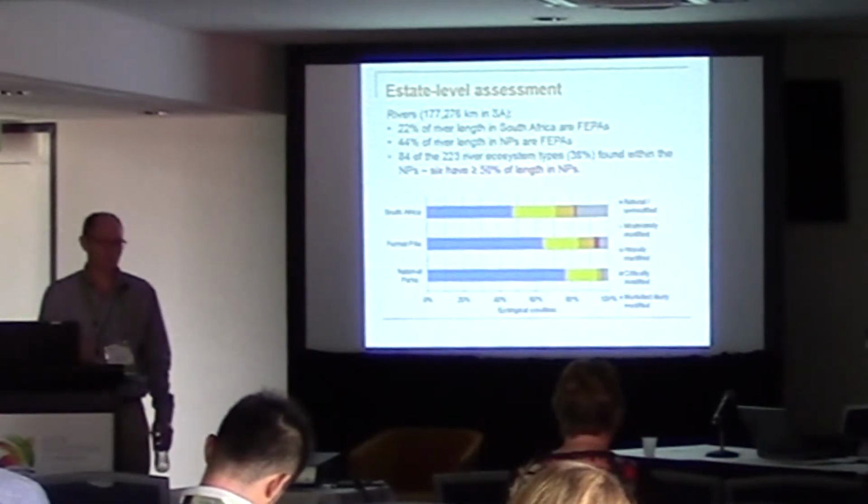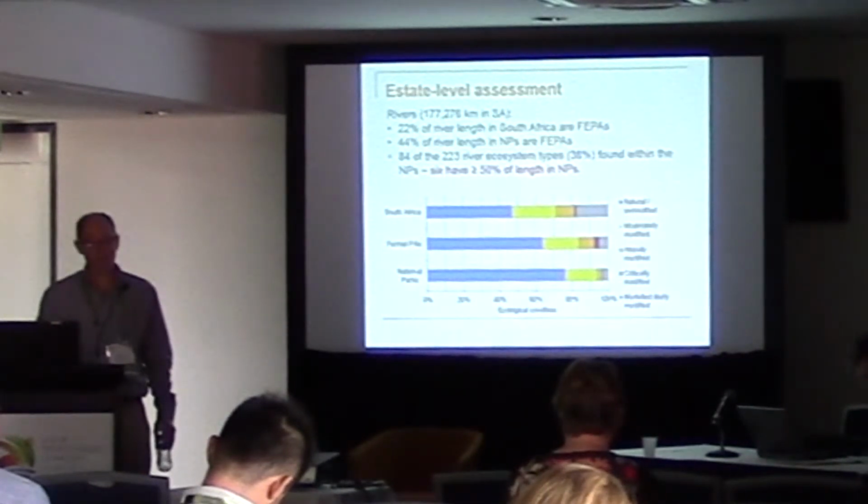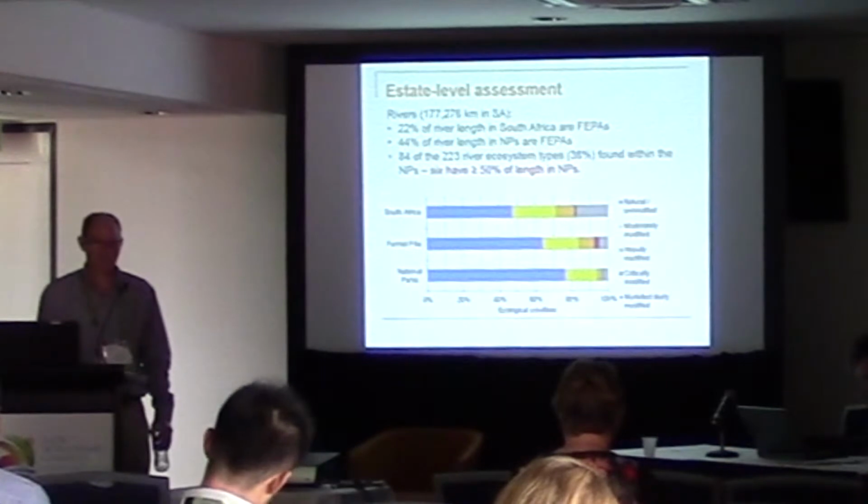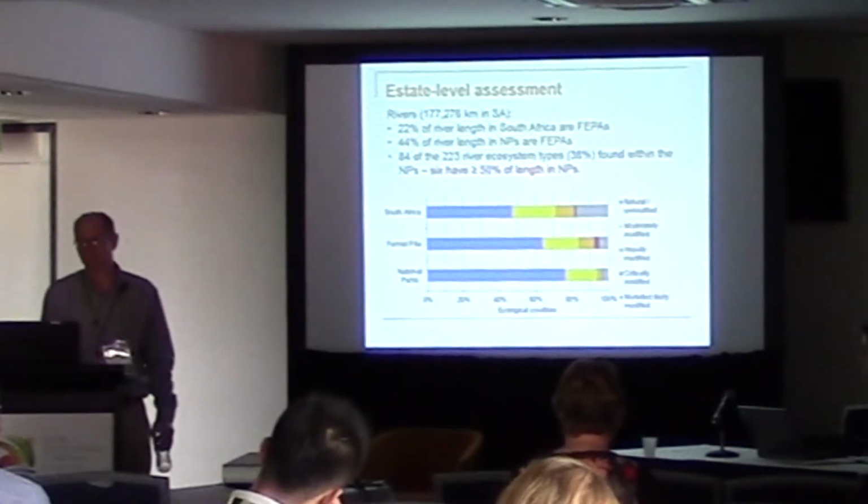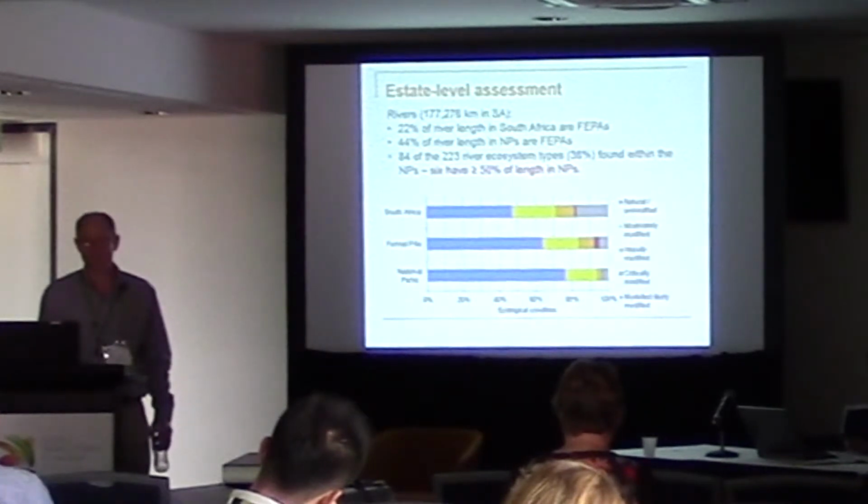Less than 50% of the river types in South Africa occur in any form of protected land, and 38% in the national parks. The second one, if you look at the graph, is that not all rivers in protected areas are ecologically intact. It is better for a river to be in a protected area, but 24% of the length of rivers in protected areas are moderately to critically modified.